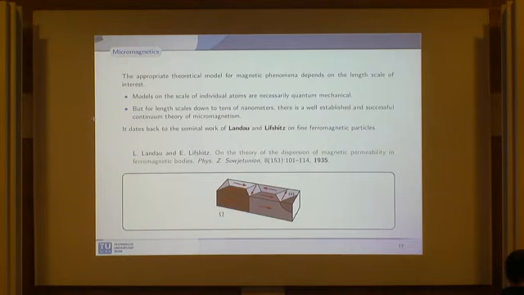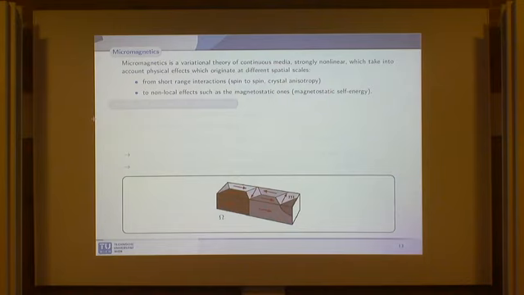And it dates back to this seminal work of Landau and Lifshitz on fine ferromagnetic particles. And this is a variational theory, strongly nonlinear, which takes into account effects from different spatial scales, from short-range interactions like exchange that we saw before, to magnetostatic ones, which are long-range interactions.